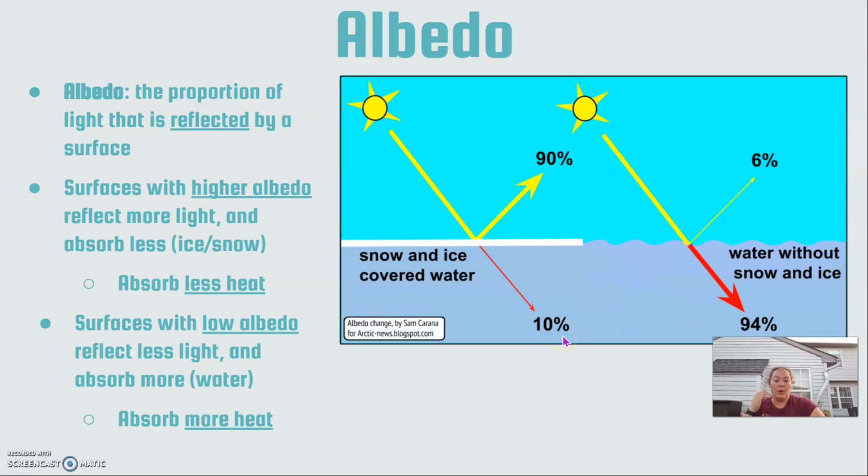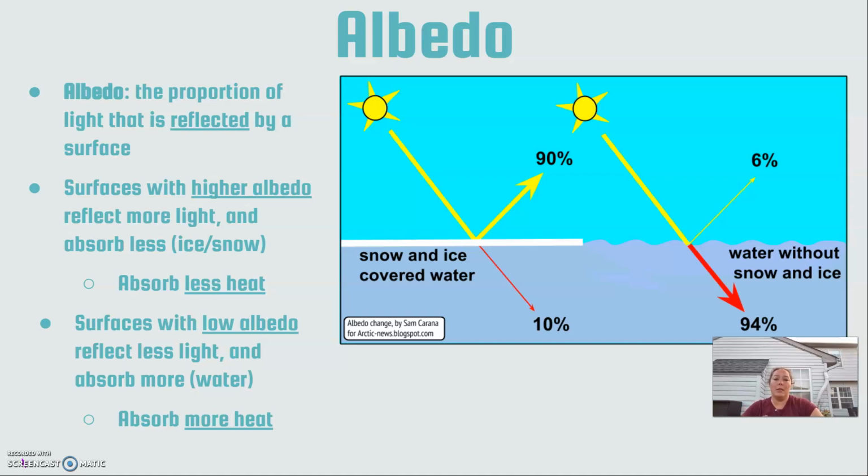With all of this, we also have to discuss albedo. Albedo is the proportion of light that's reflected by a surface. Surfaces that have a higher albedo are going to reflect more light and absorb less, which means they're going to be cooler, so they absorb less heat.